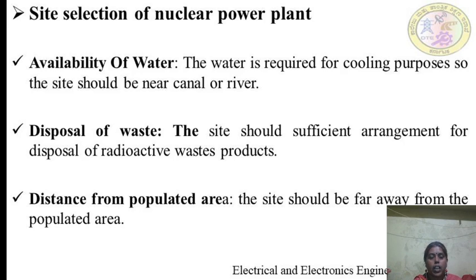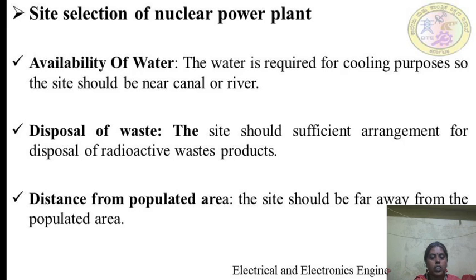Next topic is site selection of a nuclear power plant. Before erection of the nuclear power plant, there are some requirements for the site. What are those? First one is availability of water.